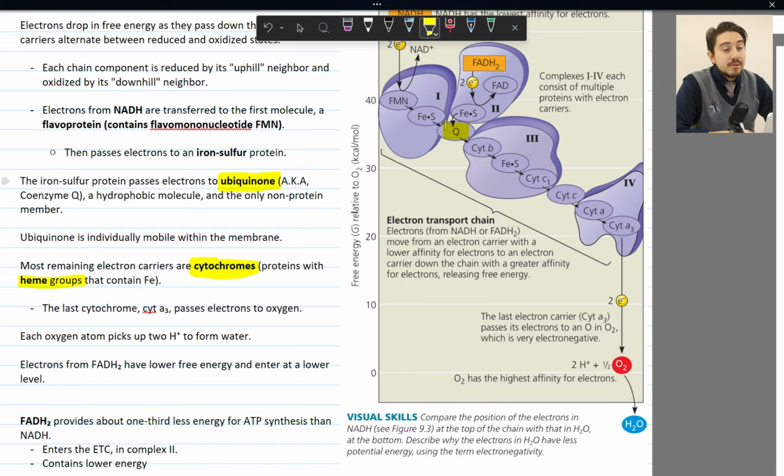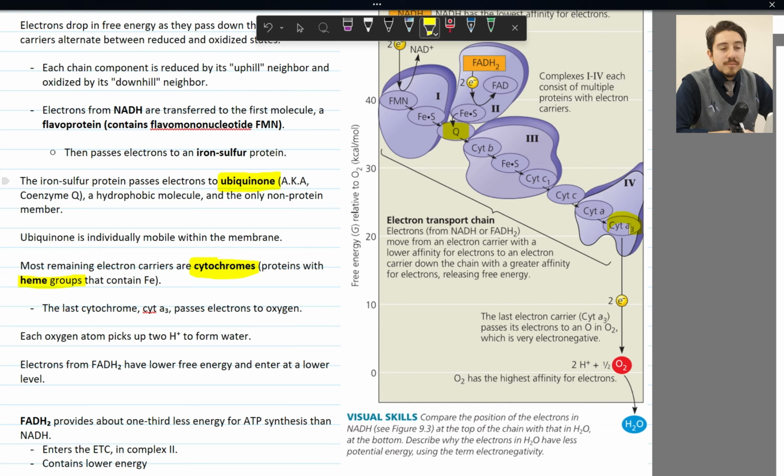So you have this cytochrome B. Again, it passes the electrons to another complex and protein, an iron sulfur protein, again having iron and sulfur. Not flavoprotein, sorry. Then you go to more and more cytochrome proteins there.